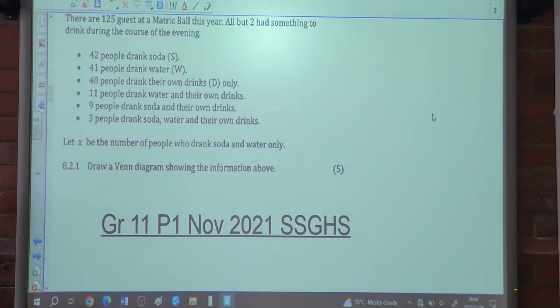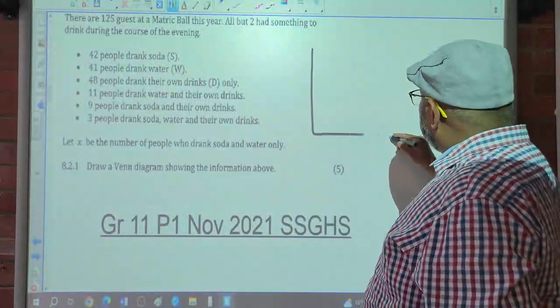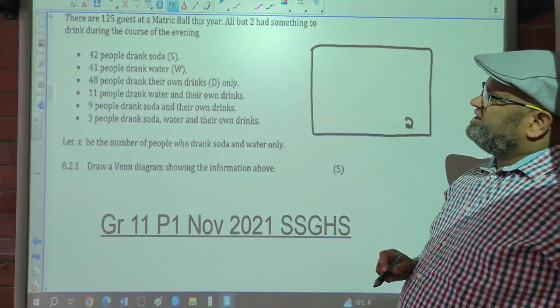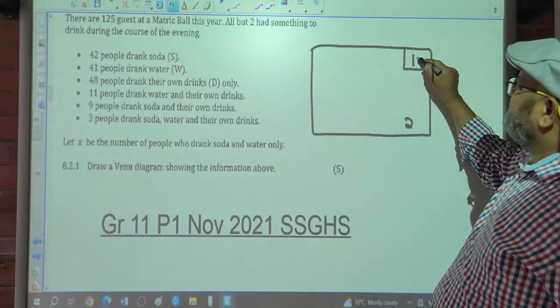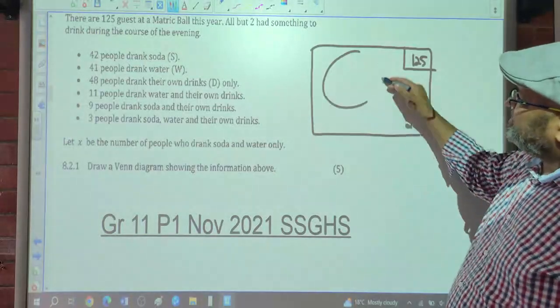I'm hoping they didn't bring their own drinks. So 2 had none of the drinks on offer, in other words, 2 were outside. So 125 guests, so 125 goes there in the sample space.